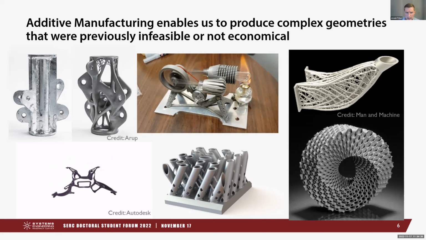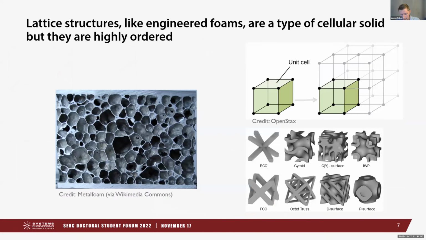And then there are applications in heat exchangers where you can really tailor the design, not to how to create something out of manufacturable materials, but really based on what you want to create. And in the bottom right, you can see a very complex lattice structure wrapped into a Mobius strip type geometry, which is pretty neat. So that's additive manufacturing in a nutshell. So what are these lattices that I'm talking about?